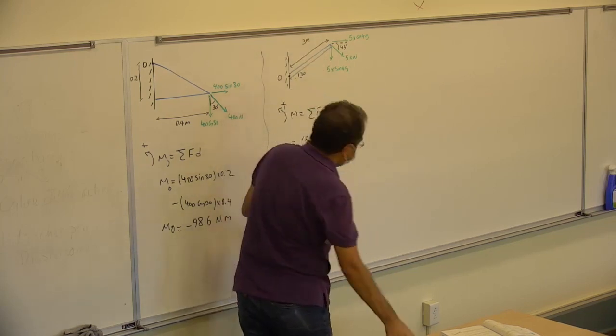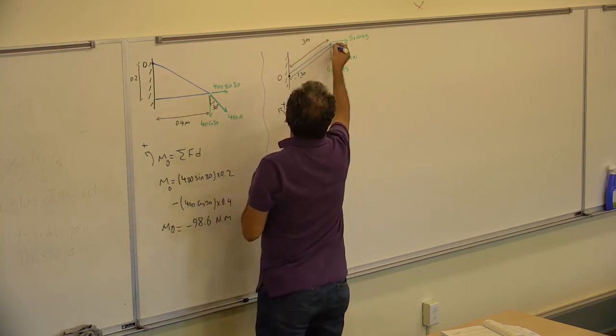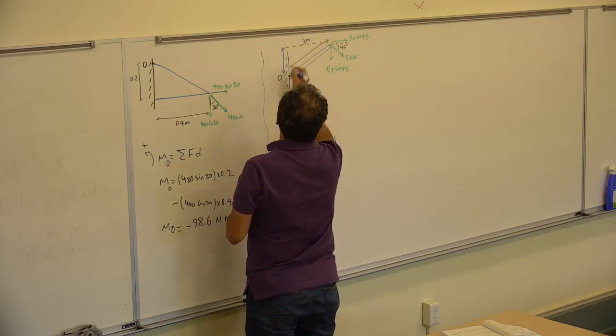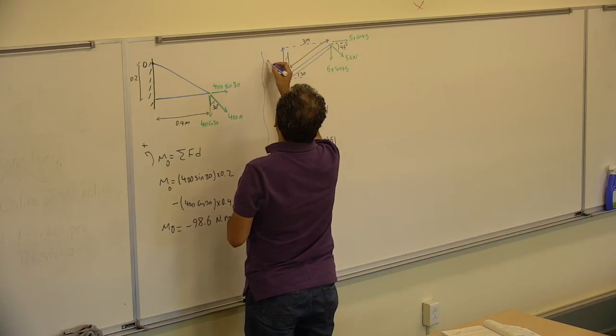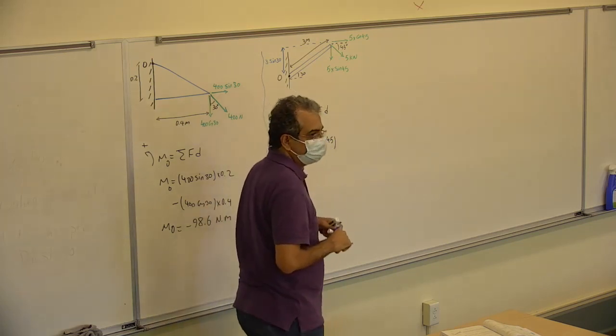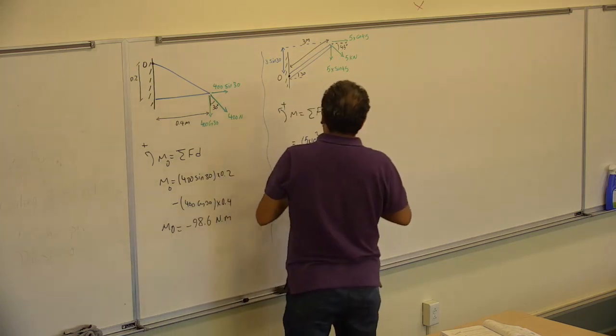So I need this distance here. If this is a 3, how much is this? 3 sine 30. So it's going to be times 3 sine 30.